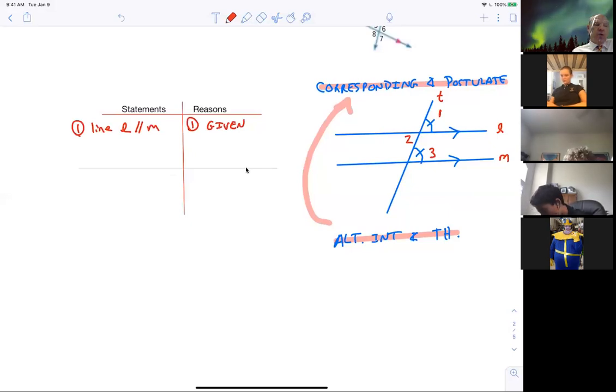So what is true about angle 1 and angle 3? They're congruent, right? Angle 1 is congruent to angle 3, and somebody tell me why that is.